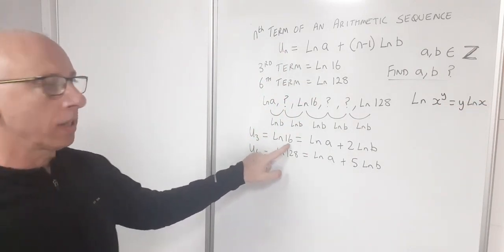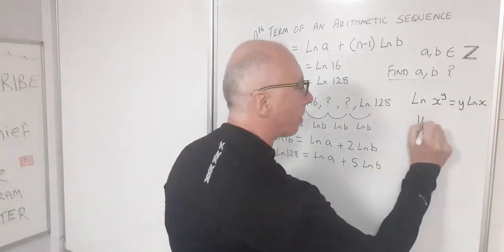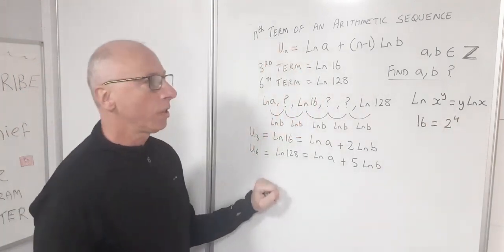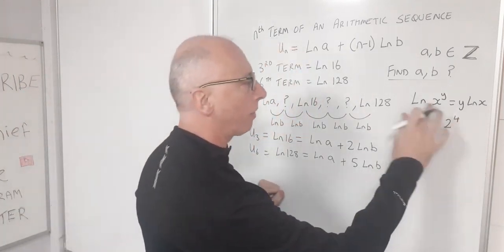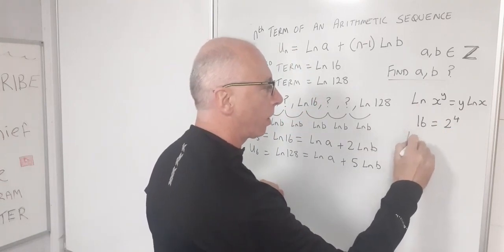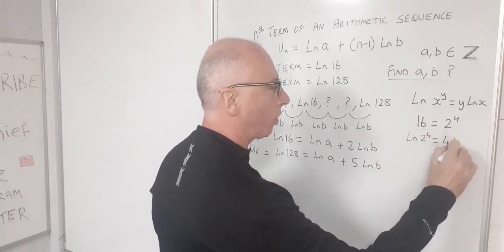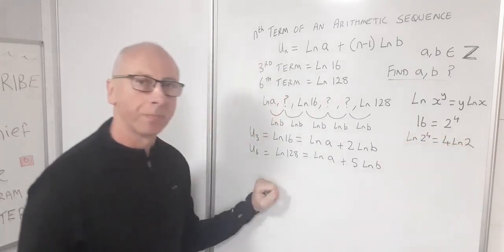So here we've got 16. 16 is the same as 2 to the power of 4. So in terms of log, I can bring that 4 out the front. So log of 2 to the power of 4 is the same as 4 natural log of 2.